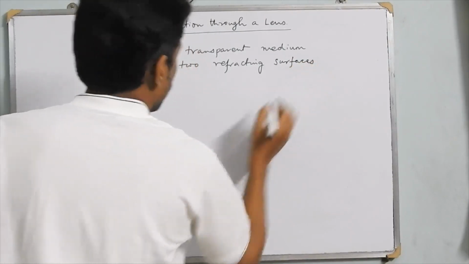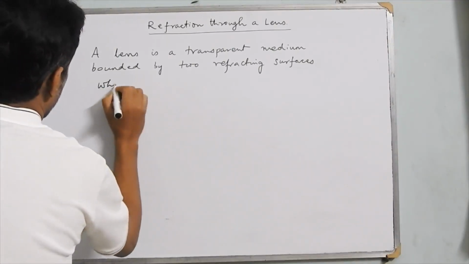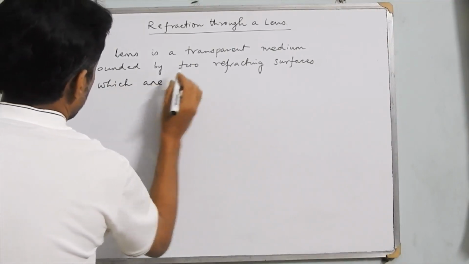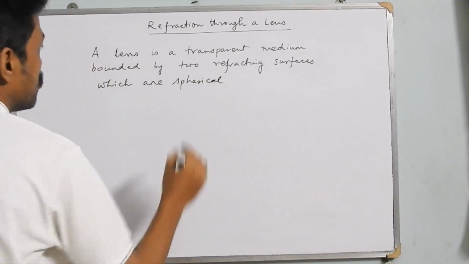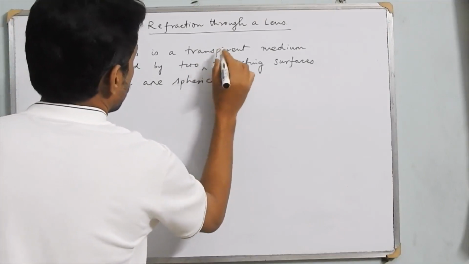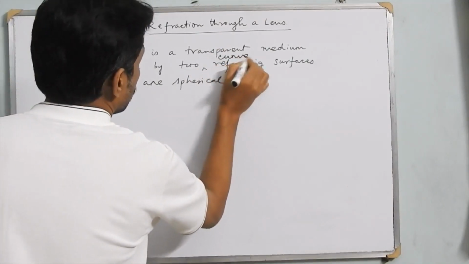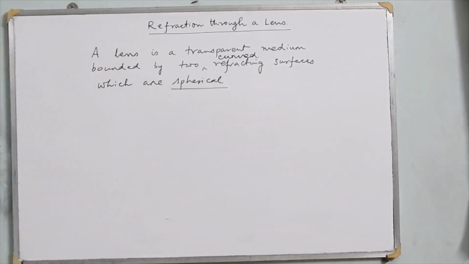Now, these refracting surfaces are assumed to be curved because we are dealing with spherical lenses. So a lens is nothing but a transparent medium bounded by two curved refracting surfaces, and they are necessarily spherical because we are dealing with spherical lenses.